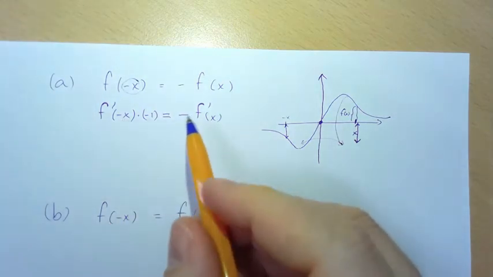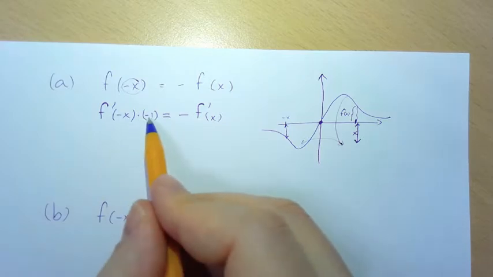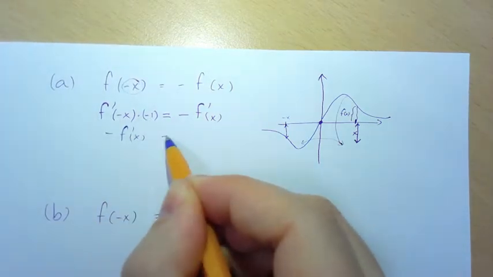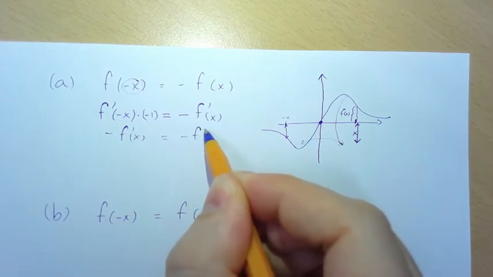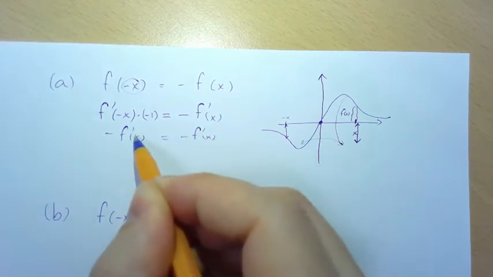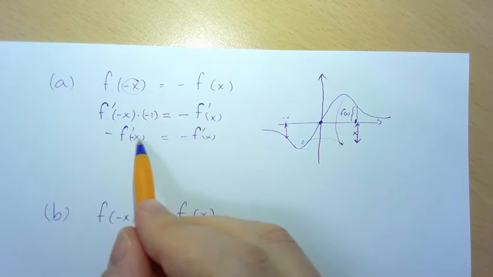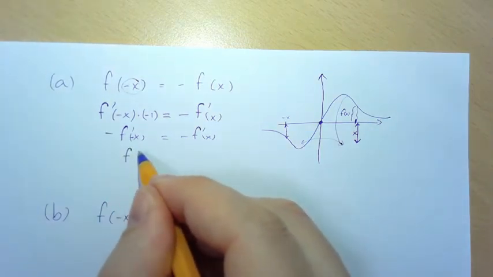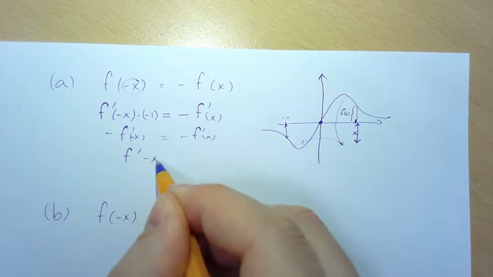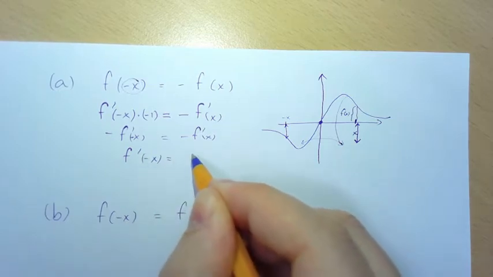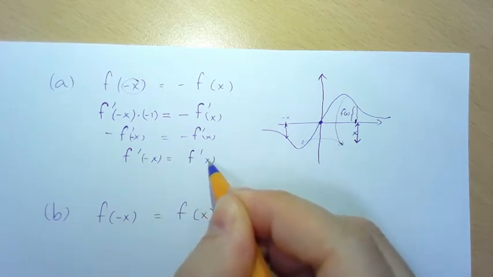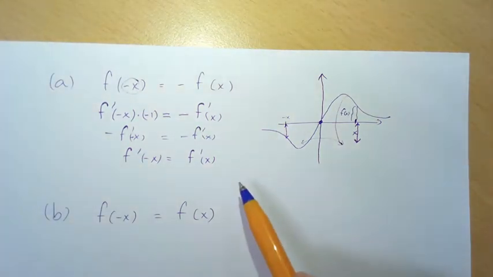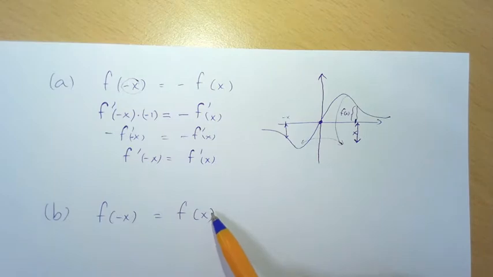So if I compare these two, this is a negative, right? So it's negative f prime of negative x equals negative f prime of x. If I multiply by negative 1, I get f prime of negative x equals f prime of x. So this is the perfect segue for b.